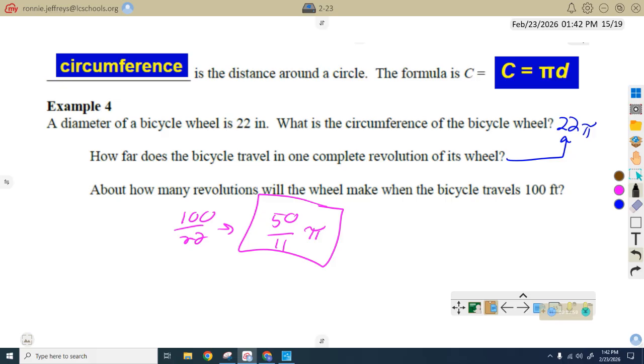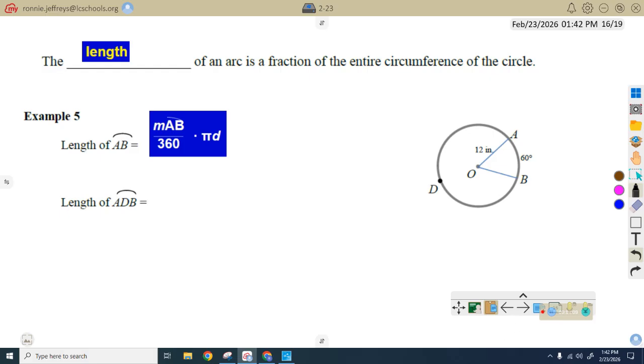Now, so this is how it is. We were dealing with perimeter with these polygons and stuff. Now we're moving on with circles. All right. The length of an arc is a fraction of the entire circumference of the circle. So here's the formula that you need to be doing. I want you to use this formula, and you're going to find these two problems.